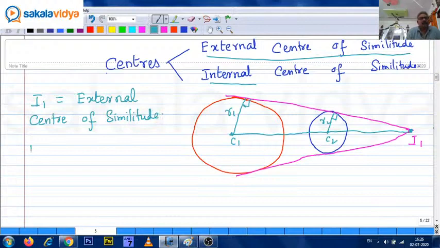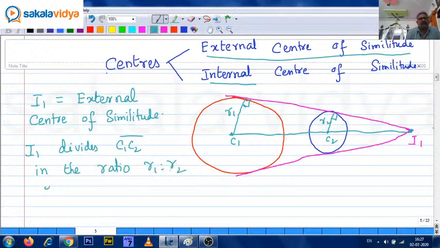So I1 divides C1 C2 in the ratio R1 is to R2 externally. Therefore, now this I1 is given like this.